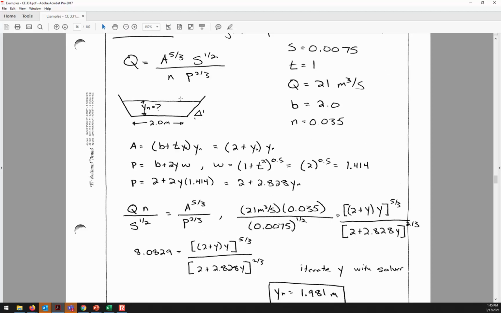I've got the solution up on the screen in case you want to check some of your intermediate steps along the way.